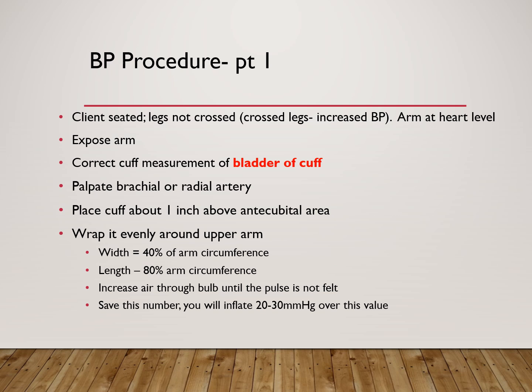During this procedure, you're going to be pumping the bulb up while palpating. You will palpate and make note on the sphygmomanometer when the pulse is not felt. You're going to save the number because you're going to utilize that for the next leg of your blood pressure procedure.